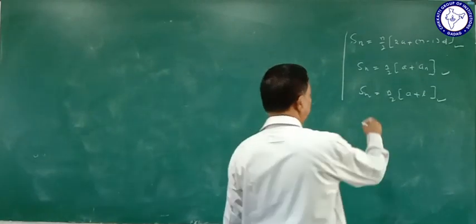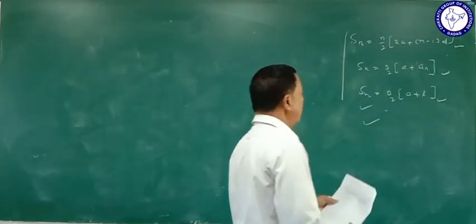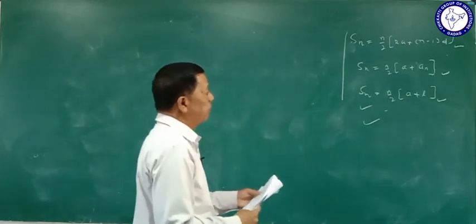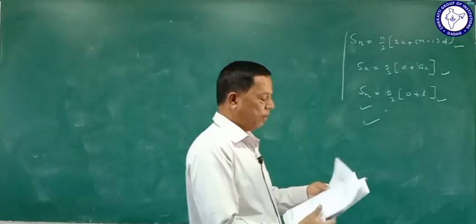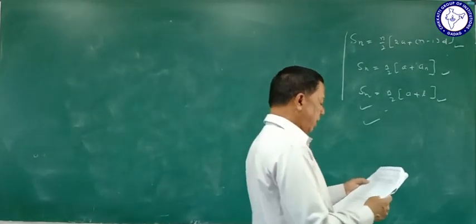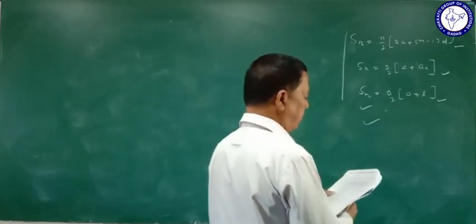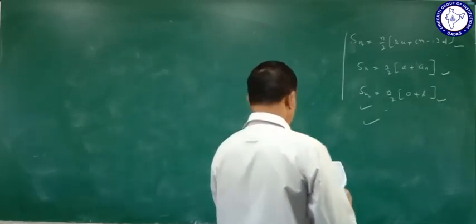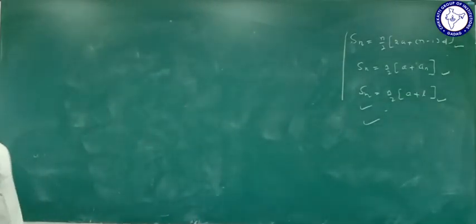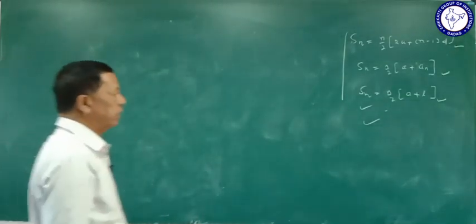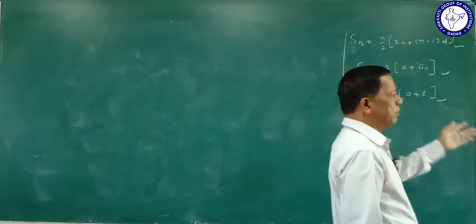Once again I tell you, the formula n by 2 times (a plus l) is used definitely when the first and the last term of an AP are given and the common difference is not given.